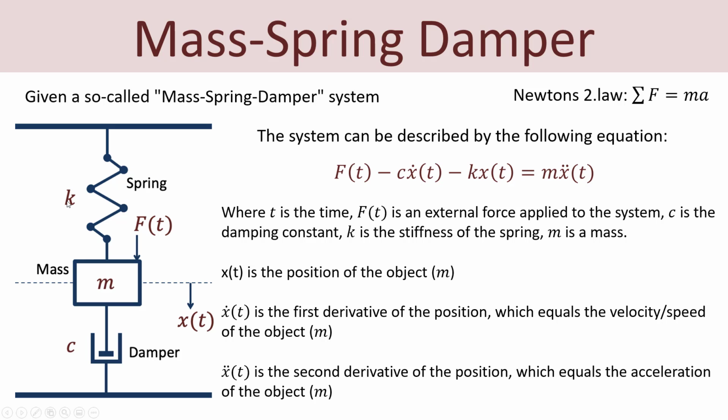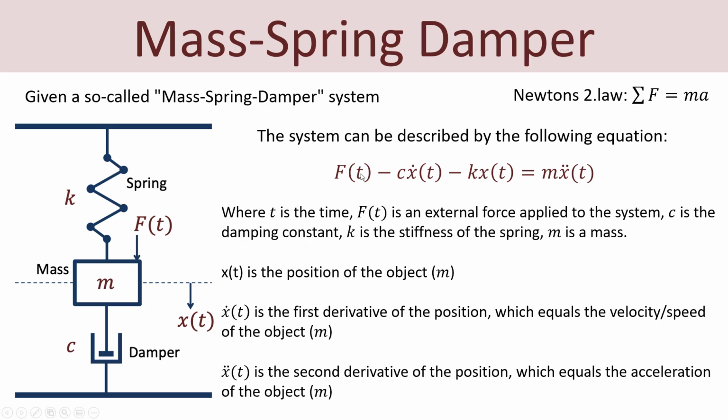values for K, C, and M. K is the spring constant, C is the damper constant, and M is the mass of the system. By applying Newton's second law, the sum of forces is equal to m a. And then we get the following equation for this system.